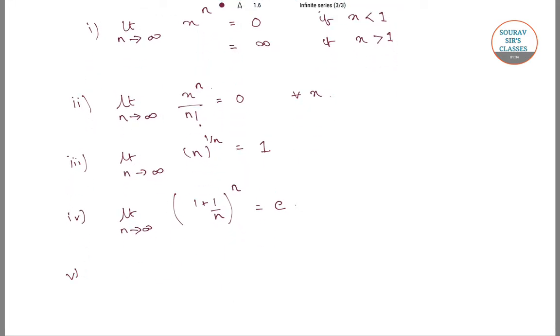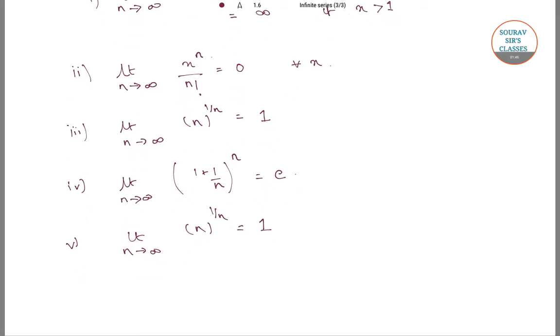Next is limit n tends to infinity n raised to the power 1 by n is equal to 1. Next is limit n tends to infinity n factorial raised to the power 1 by n.